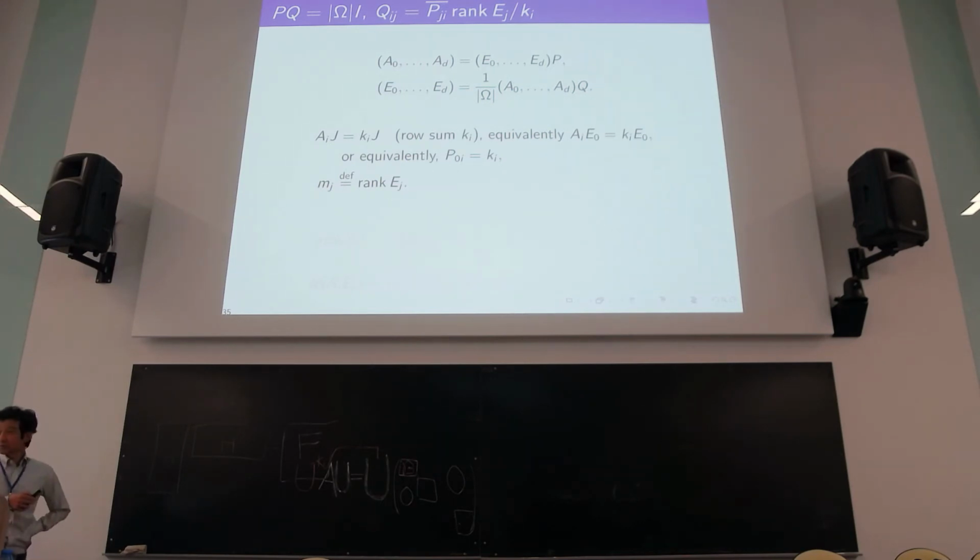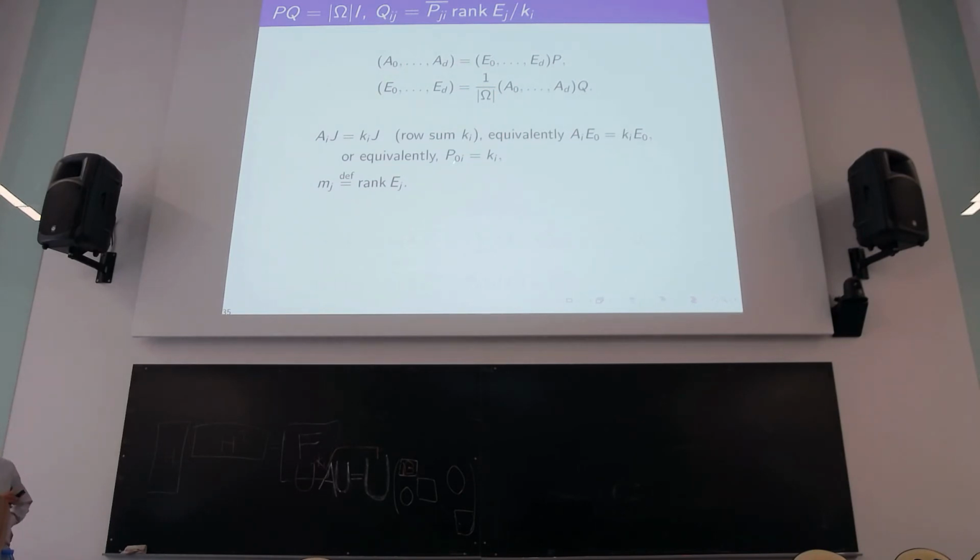J is, up to a scalar, the same as the zeroth idempotent, so you have the same equality if we replace J by E0. This means that if you expand A_i in terms of primitive idempotents, then this number k_i is one of the expansion coefficients, that is, the zeroth expansion coefficient of the i-th adjacency matrix.